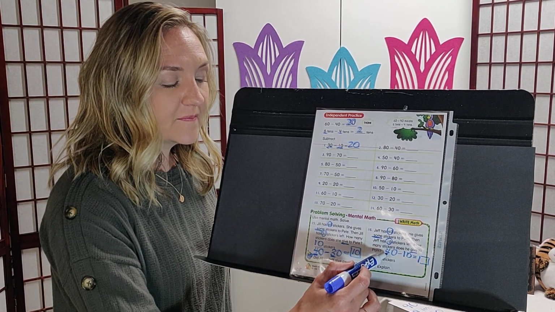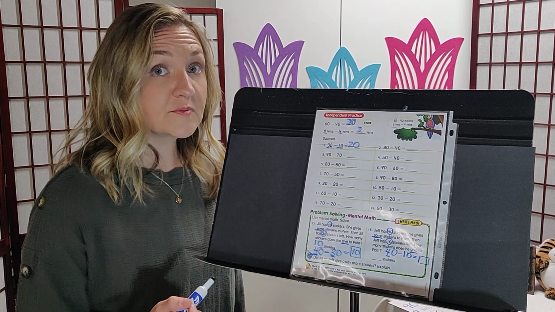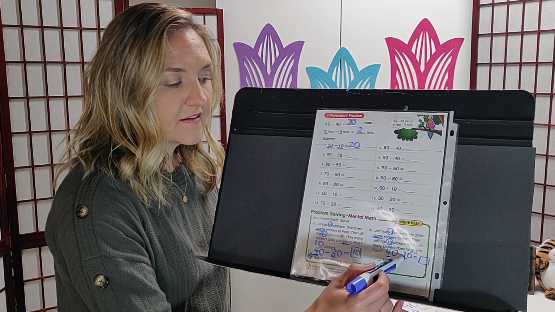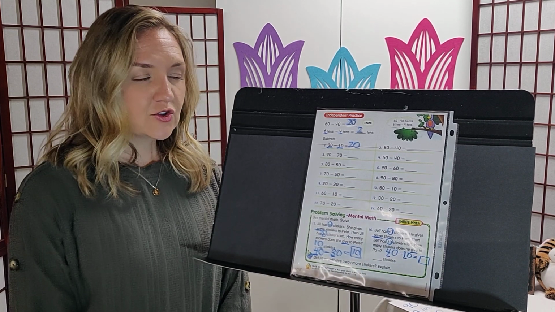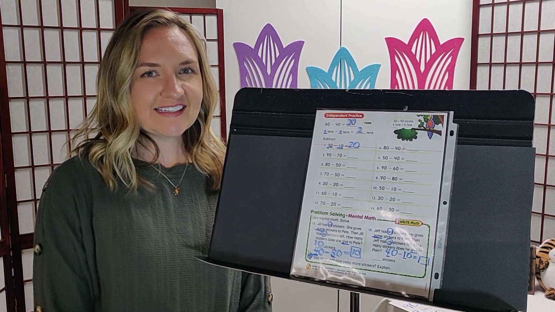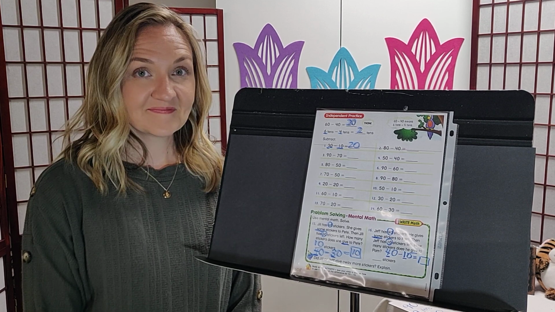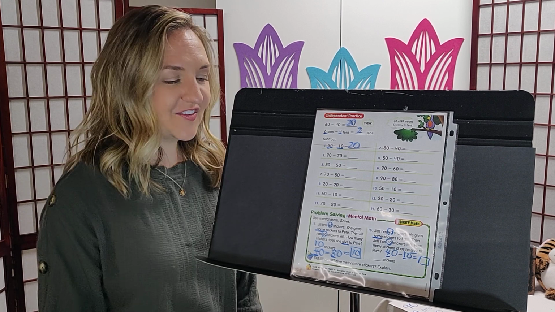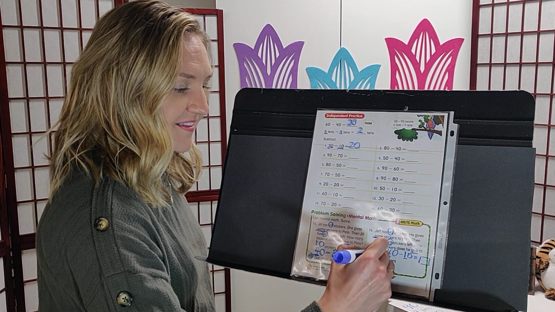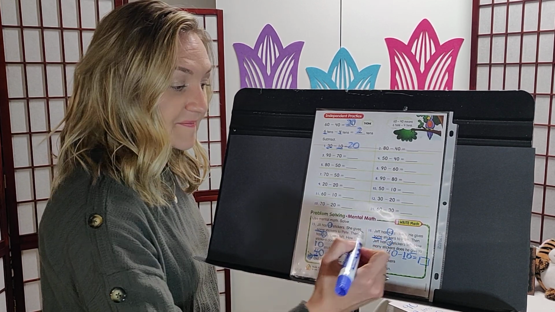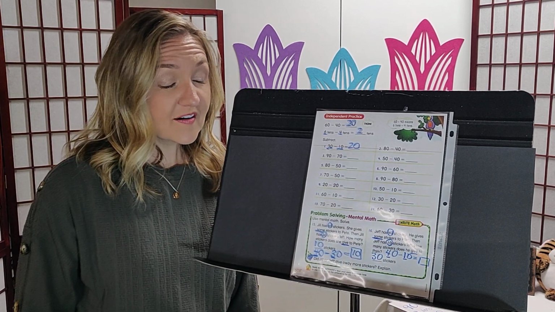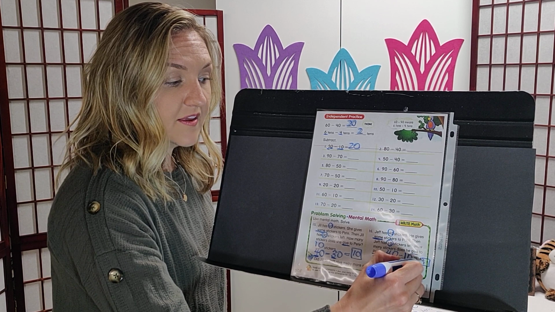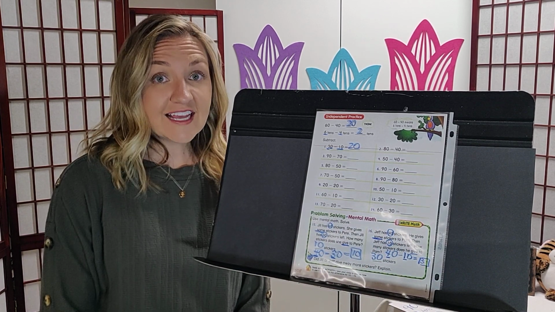Okay, so let's see here. We have 40. That's like 4 groups of 10s. Minus 10. That's like 1 group of 10. Try it on your own. What do you think the difference is? Let's see if you got it. 4 minus 1 is 3, but these are groups of 10s.